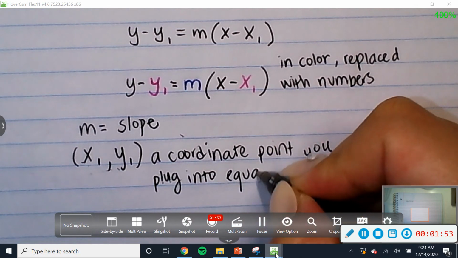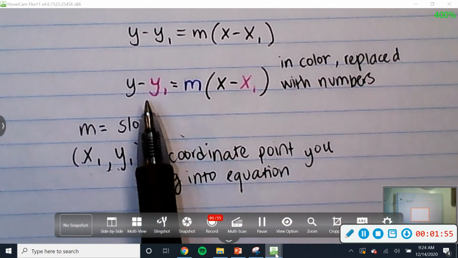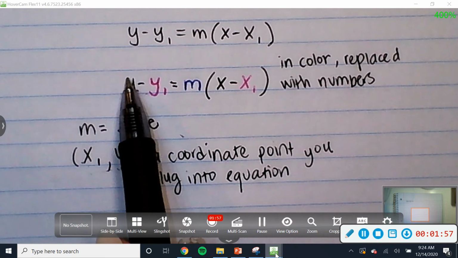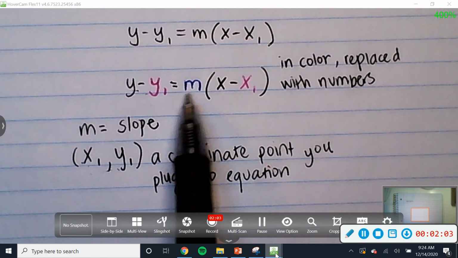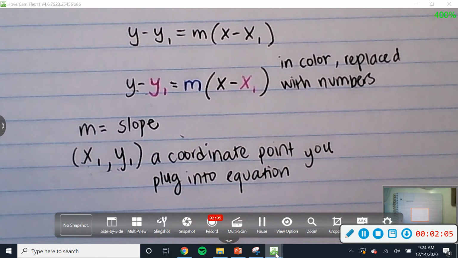And it's just really important to remember here that the difference is that we have a normal y and then we have the y1, and the one with the little number next to it is where we plug in the numbers here.